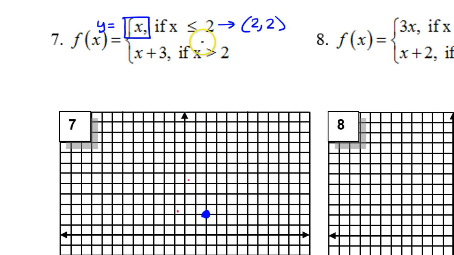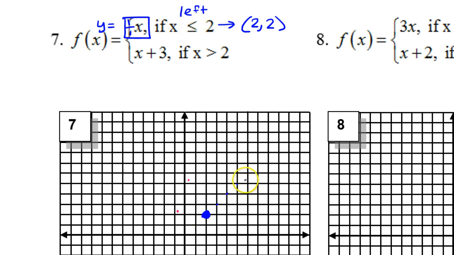Now, normally y equals x, I'm thinking the slope is 1 over 1. So normally I would go up 1 over 1 like this. But that's going to the right. For this piece, we need to go to the left where the x values are less than 2.